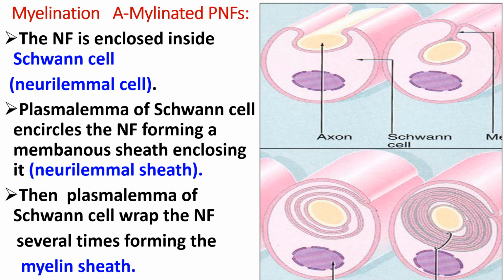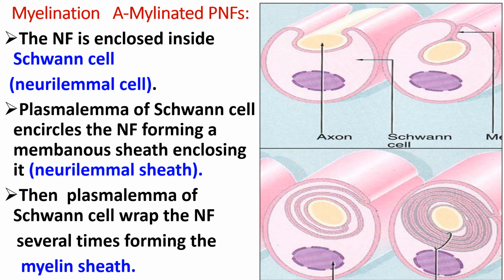Because Schwann cell is neurilimbal cell, so its plasma lemma, which surrounds the nerve fiber, is called neurilimbal sheath. Then the plasma lemma of Schwann cell wrap يعني تغلف the nerve fiber several times. تلف حوالين nerve fiber مرات عديدة to form what is called myelin sheath.